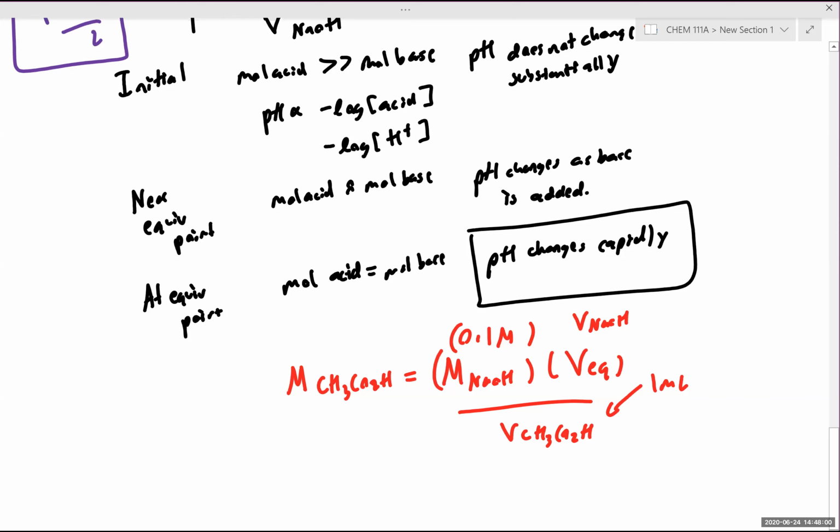Any questions? If not, let's begin processing our data to determine and identify our equivalence point for this titration.